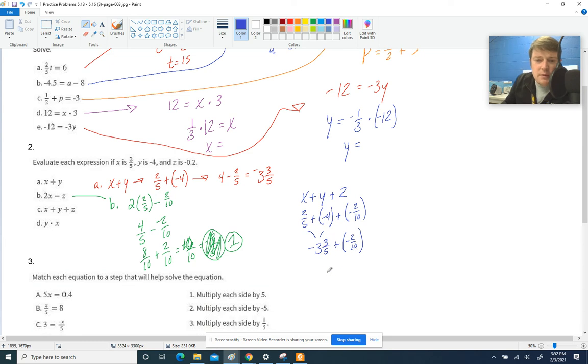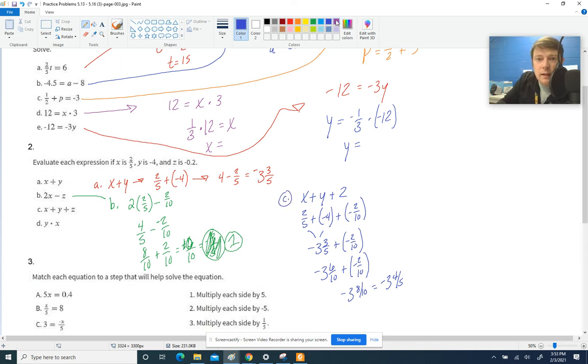I'm going to rewrite this as -3 6/10, and I want to add a -2/10 to that. And so 2 more tenths added to that -6 would be -3 8/10. So -3 8/10 is what I get for that, which is the same as -3 4/5, or -3.8. This is C, by the way.